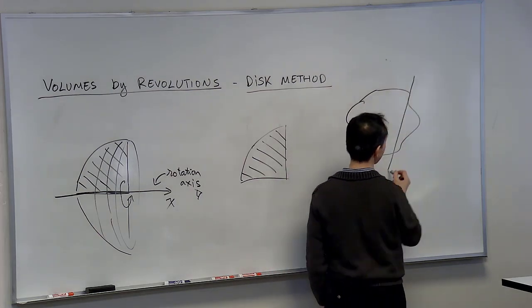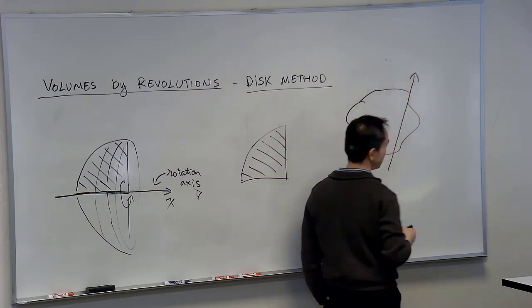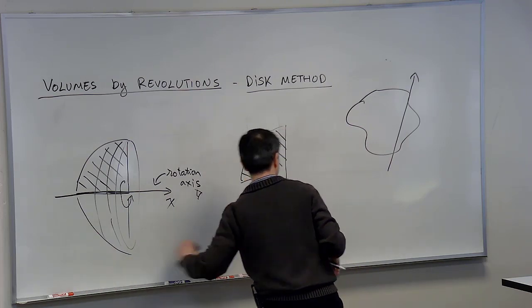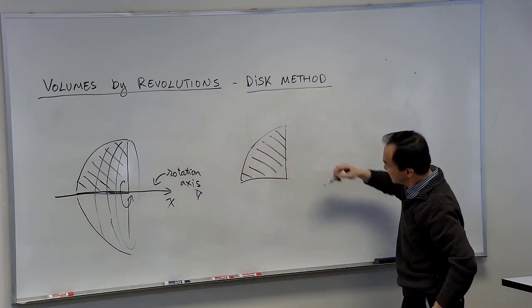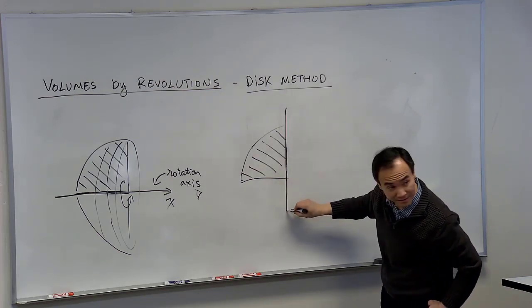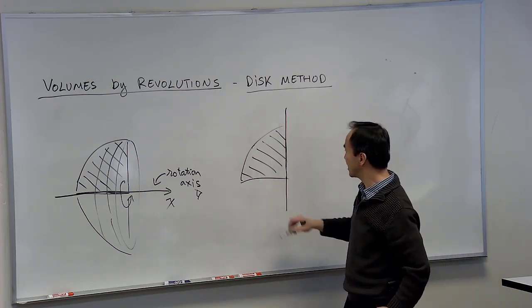You can place your axis like that and rotate it. See what I'm saying? It becomes something crazy. But we don't want to get into anywhere near that kind of complication yet. So here we're just gonna put our rotation axis vertically. See what I'm saying? Okay, and then we're rotating it.